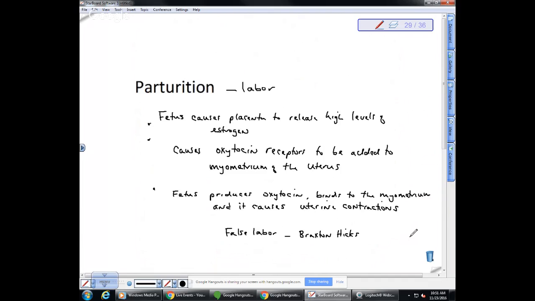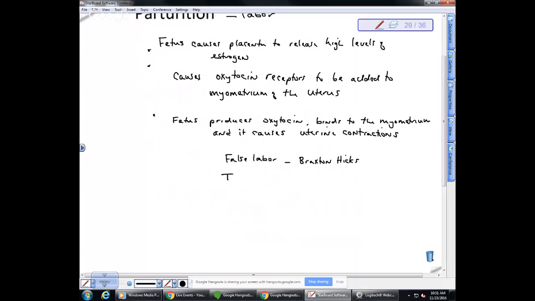Right. And what it feels like is just a tightening. When you're pregnant and your uterus starts to tighten up and put pressure on the fetus, but then it relaxes and they're not coming one after the other and they're not getting stronger, then that is what is referred to as false labor. Okay. Now this whole process of going from false labor into true labor, so true labor would be when the contractions are synchronized and they build.